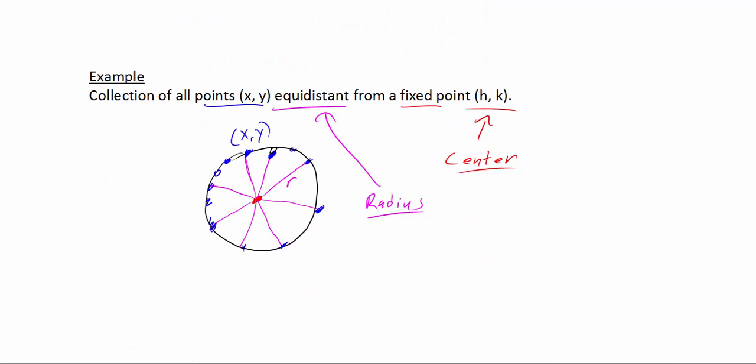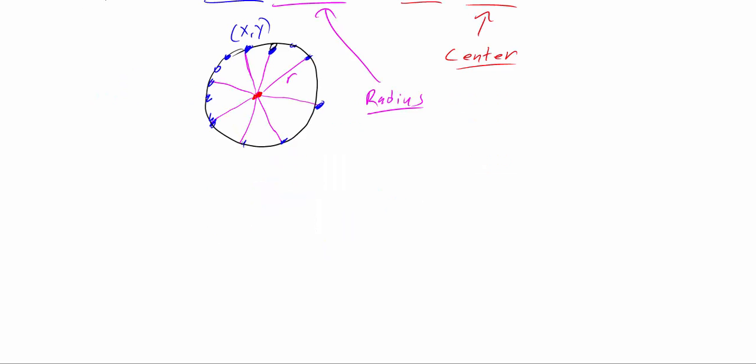And if we think back to the past when we talked about a circle, the other way we could describe this is by using an equation. See if you remember this one. We would have x minus h squared plus y minus k squared equals r squared.